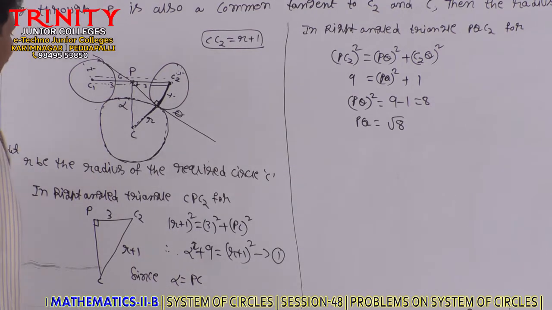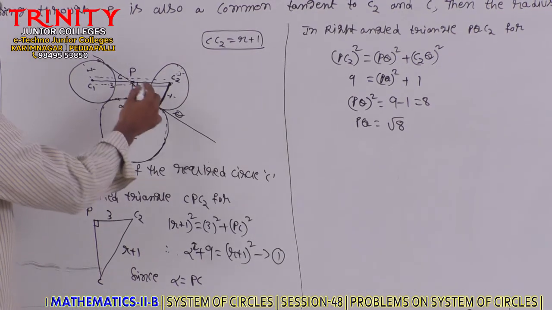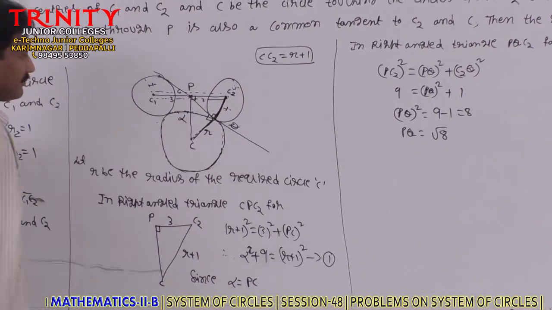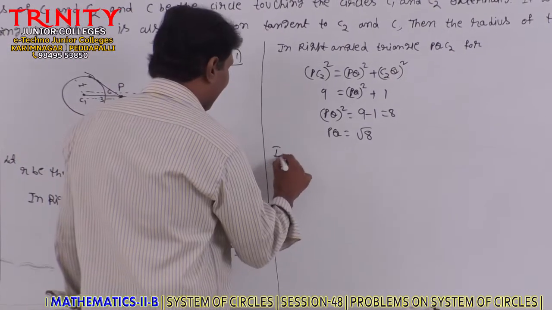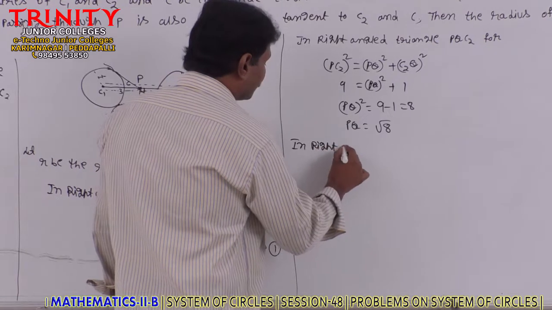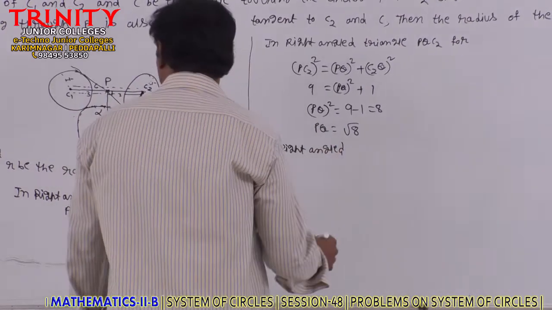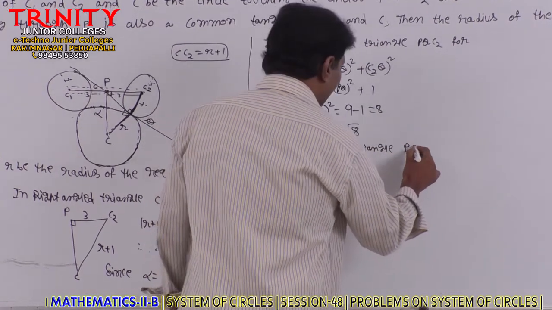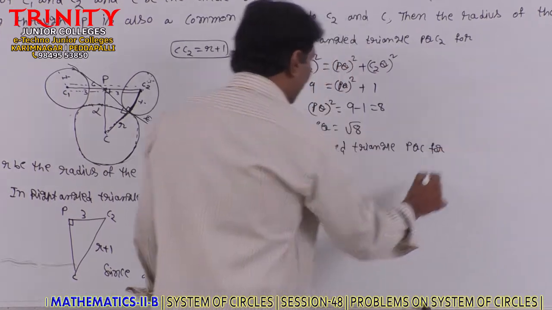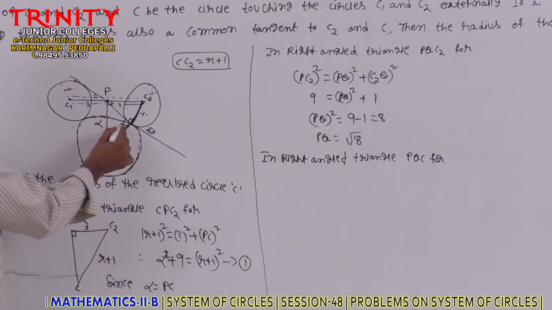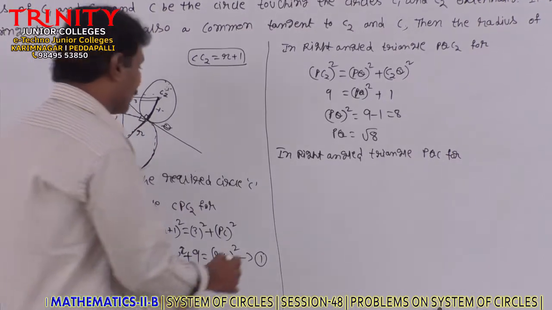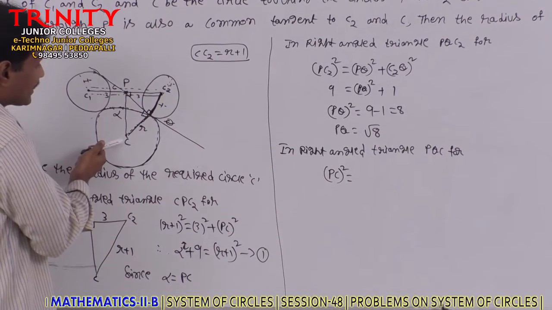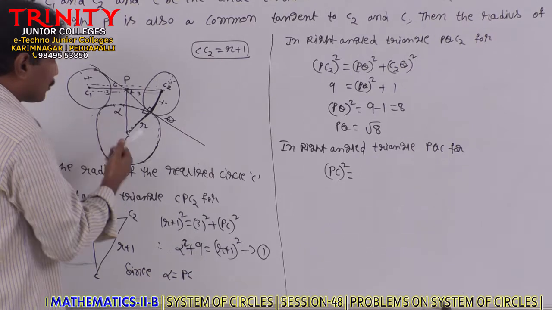Next, in right angle triangle PQC, opposite to the right angle is PC. Therefore, PC whole square equals PQ square plus QC square.